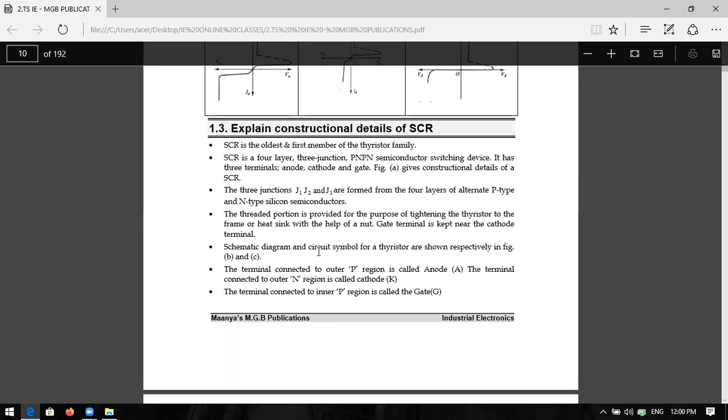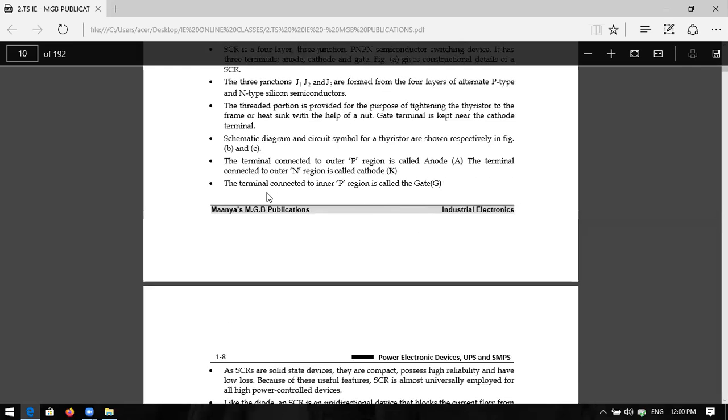Here there are 3 junctions, J1, J2, J3, because it is a 4-layer structure. It is a PNPN semiconductor switching device, a 4-layer, 3-junction PNPN device. Now, how can the terminals be seen here?